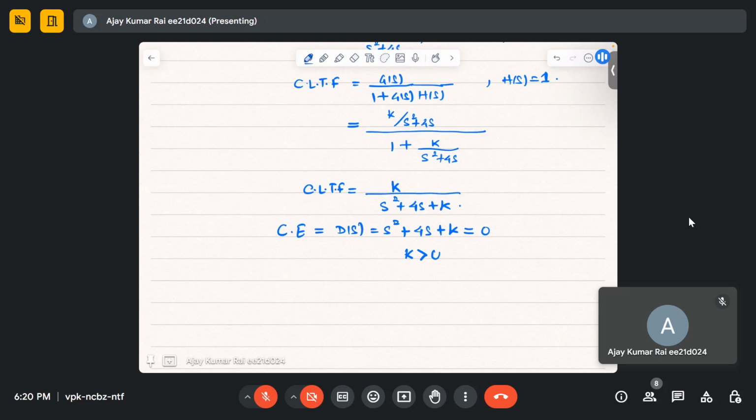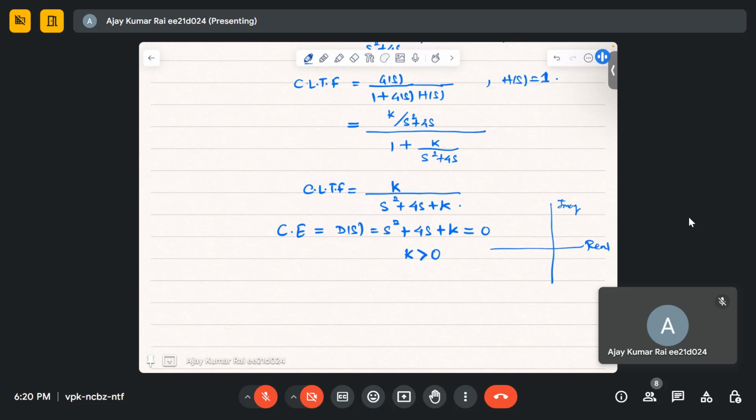We know if K is greater than 0, we ensure that the poles of this equation s square plus 4s plus K will be lying on the left half of S plane. Okay, so if you see, this is S plane.